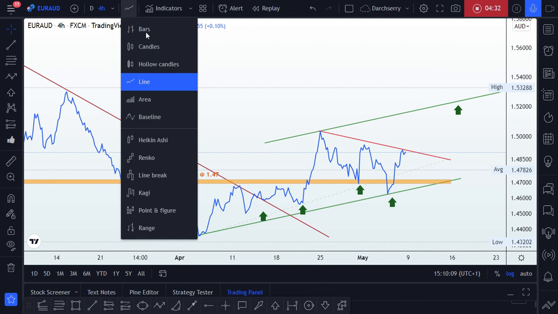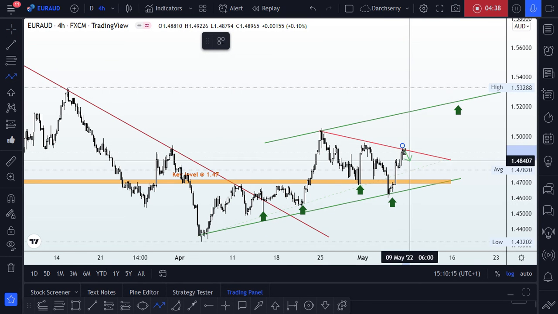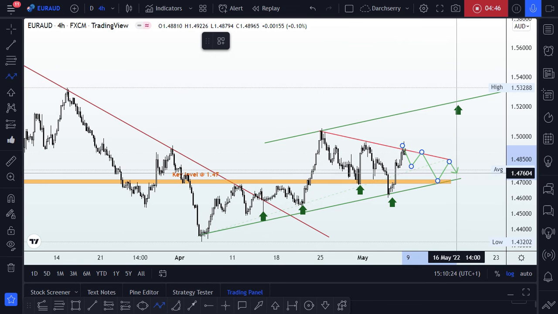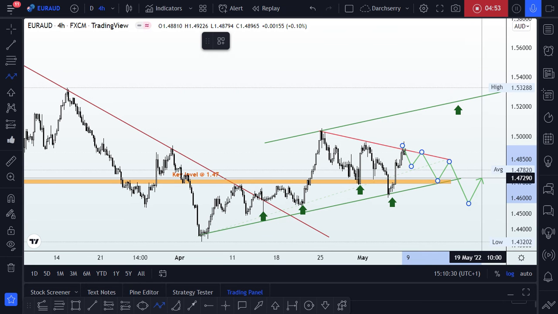And considering the long-term bearish momentum on this one, it's very possible that price might continue to reject this trend line, break down this dotted green line one more time, come into the key level, reject it, and break down that bullish trend line that we identified earlier, and the rejection of that line and key level might be a confirmation of a downtrend continuation.